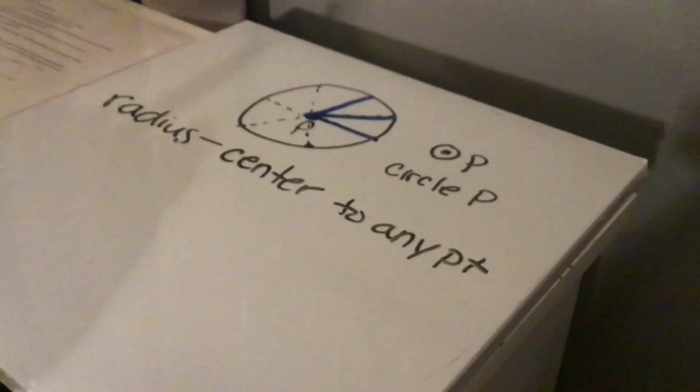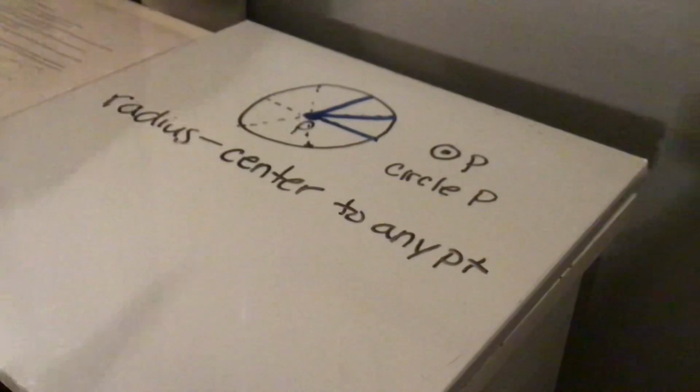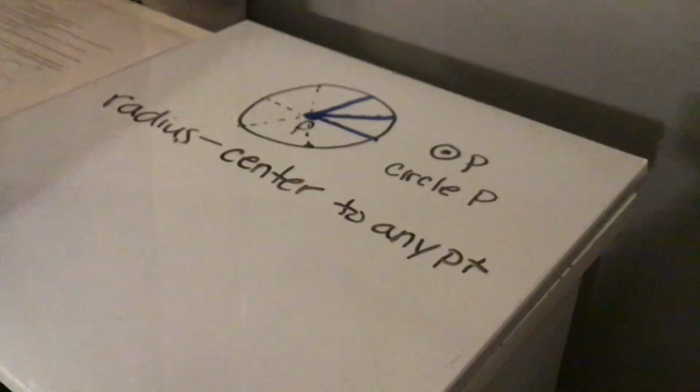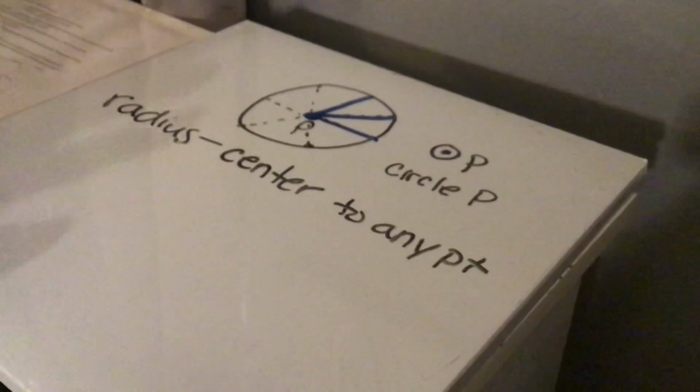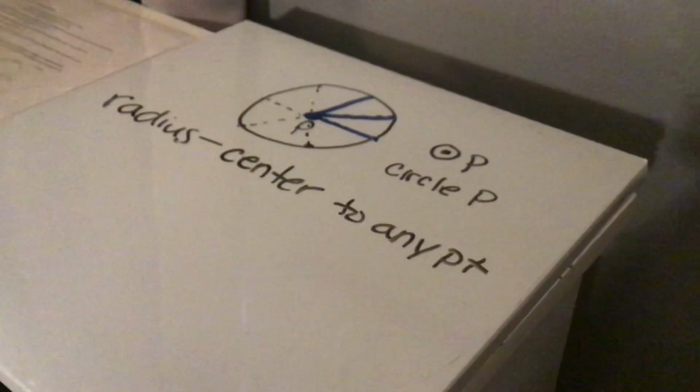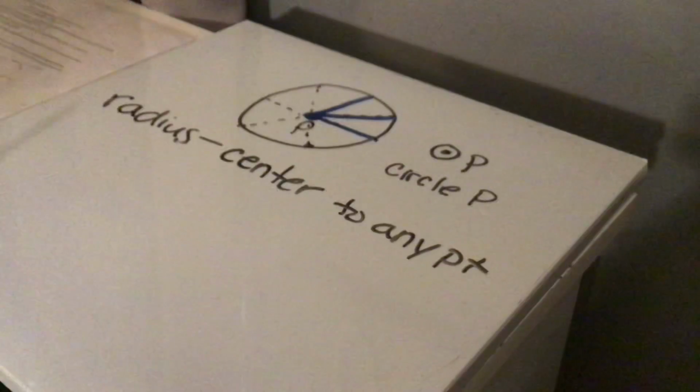So one is a radius. Talking about more than one radius, it's called radii, okay? And they're all the same distance. So two circles are congruent if they have the same radius. It means they're going to be the same size, okay?